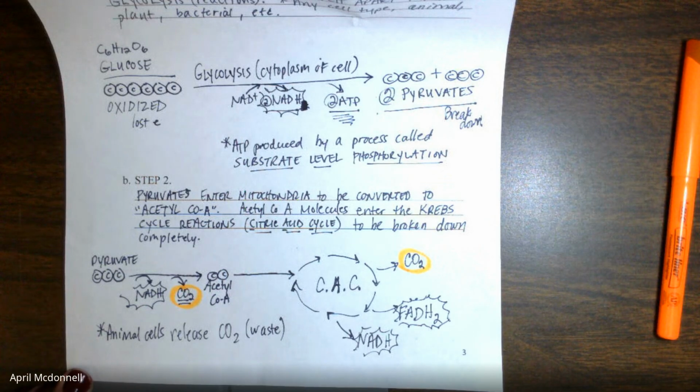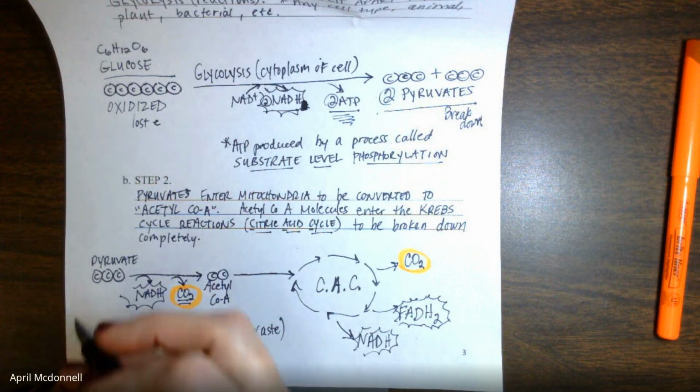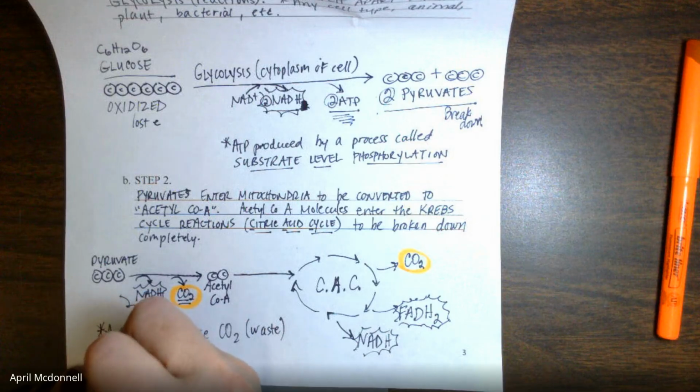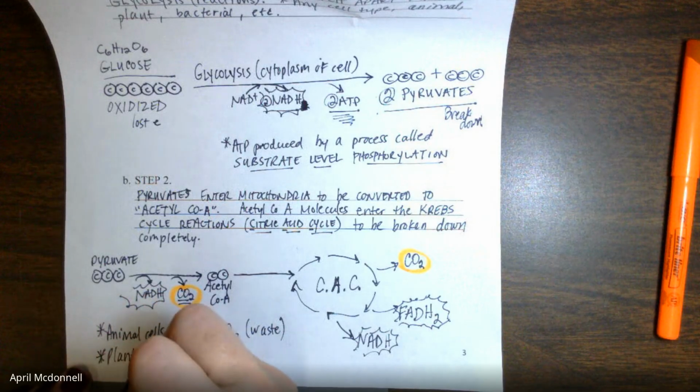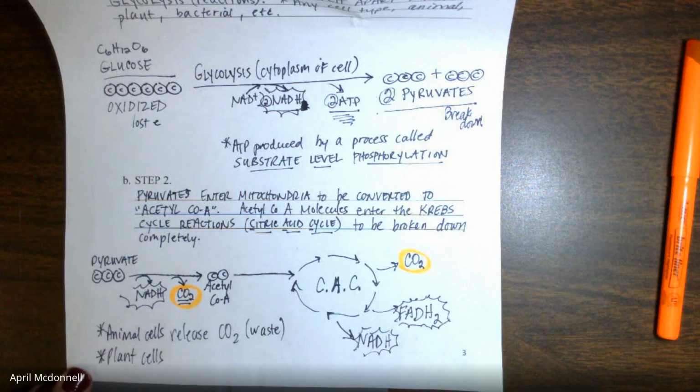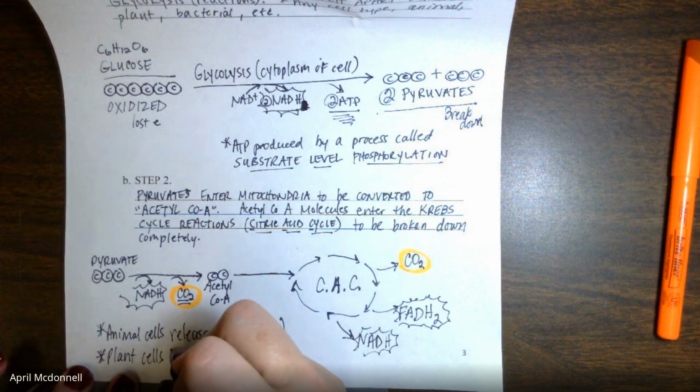Carbon dioxide is being produced. It is waste, and our body is getting rid of it by breathing it out. First it diffuses out of the cell, then it moves into our blood, and as our blood passes through the air sacs of our lungs, carbon dioxide is released out. However, plant cells actually like carbon dioxide. Plant cells will keep carbon dioxide and use it for photosynthesis.